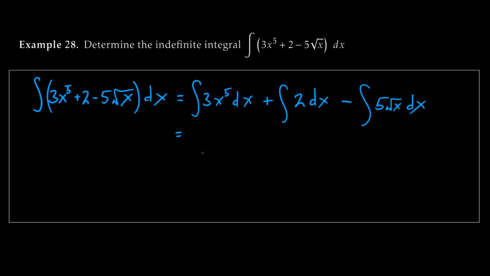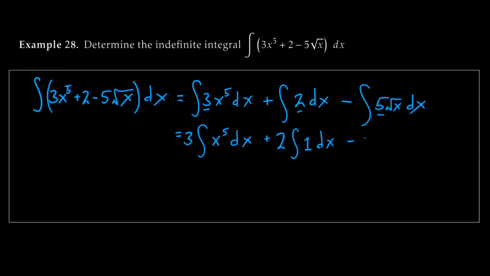Now, I'll try out the constant multiple rule. That is, I'll take out all of these constant multiples and make my life a bit easier. So I'll get 3 times the integral of x to the fifth dx plus, and this part maybe is less obvious right away, the integral of 2 dx, let's turn that into 2 times the integral of 1 dx.